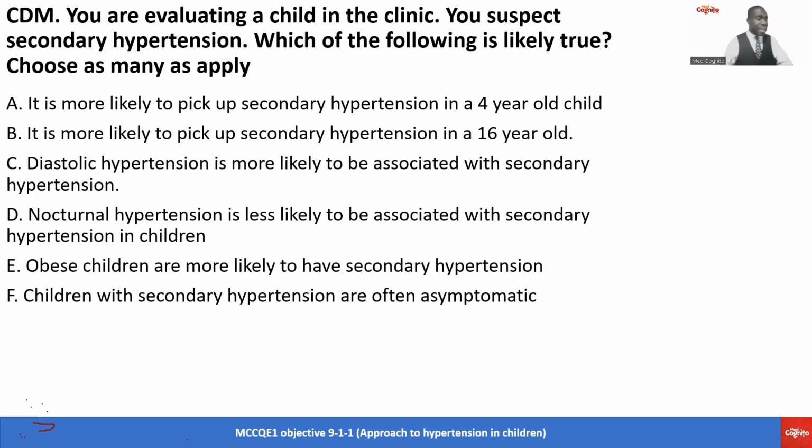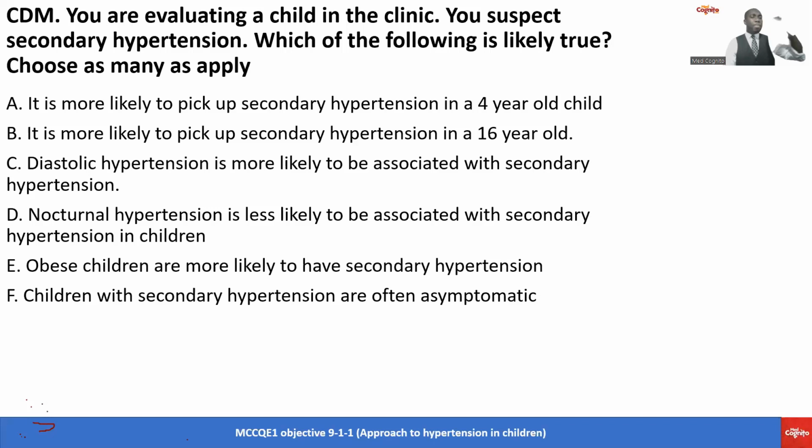You are evaluating a child in the clinic. You suspect secondary hypertension. Which of the following is likely true? Choose as many as apply. A, it is more likely to pick up secondary hypertension in a 4-year-old child. B, it is more likely to pick up secondary hypertension in a 16-year-old.